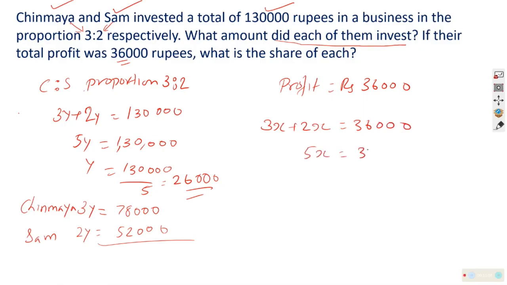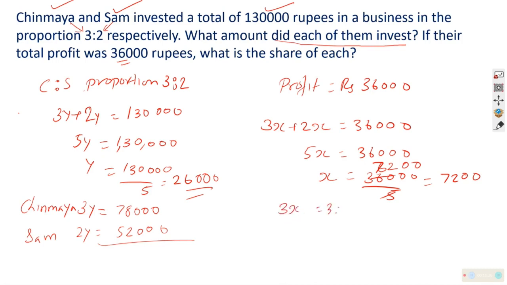5x is equal to 36,000. x is equal to 36,000 upon 5. It is equal to 7,200. Now 3 into x, first case.